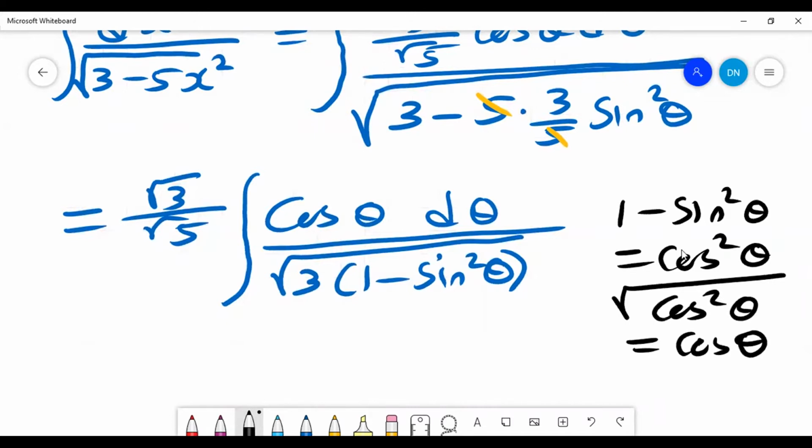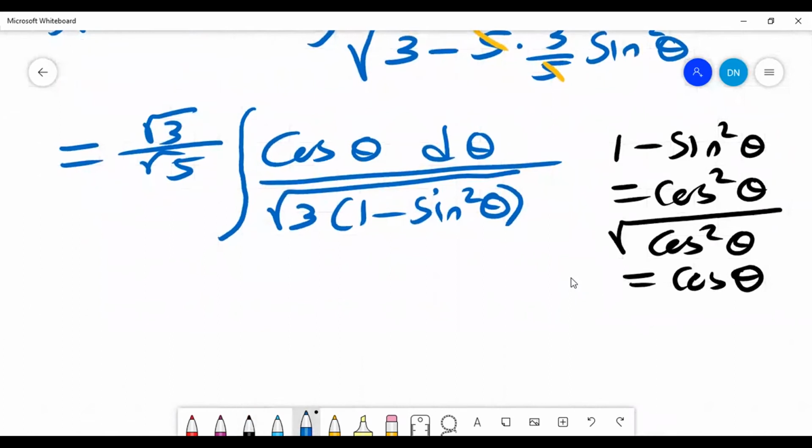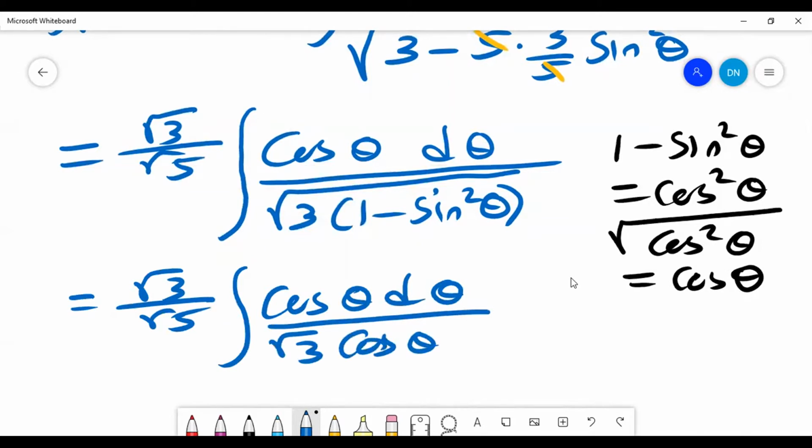So this is now what happens based on that knowledge. This becomes square root of 3, square root of 5, cos theta, d theta, all over root 3, cos theta. And therefore the cos theta and the cos theta will cancel out.